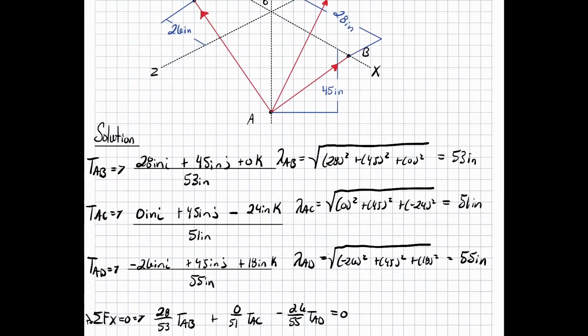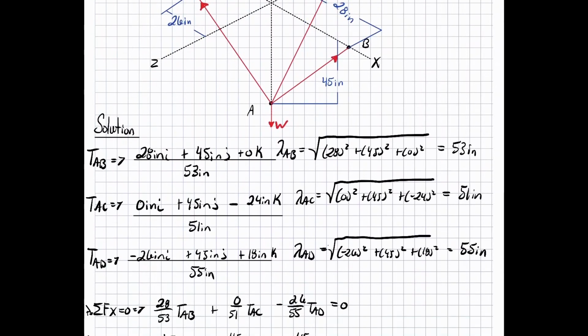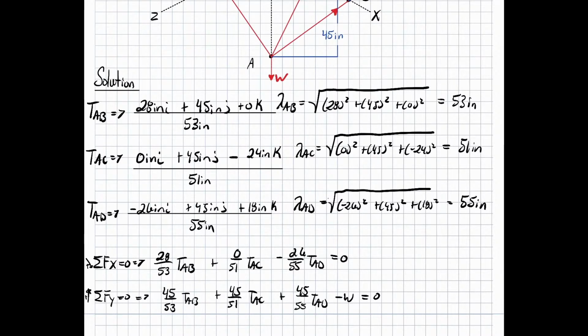Now, keep in mind that for this diagram, this weight is hanging. Due to gravity, it's going down. So we have a negative weight because we said our y is going positive vertically up.